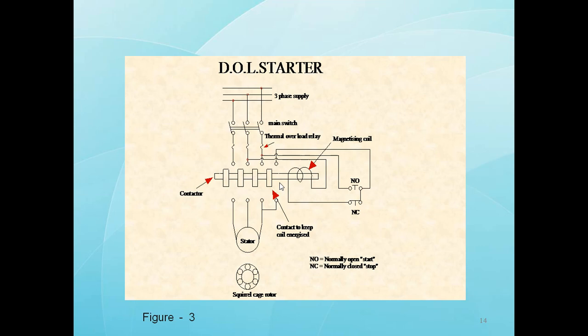What does the DOL starter contain? It contains start and stop push buttons and a contactor, that is an electromagnet with its associated contacts, and an overload and under voltage protection device.